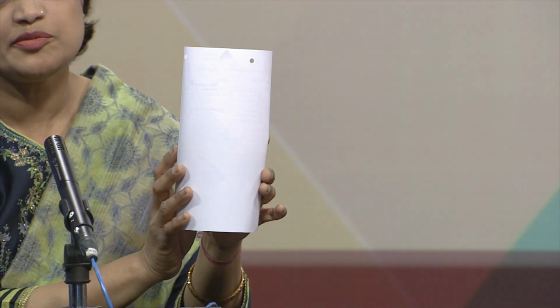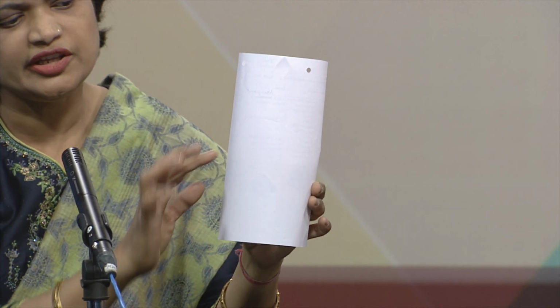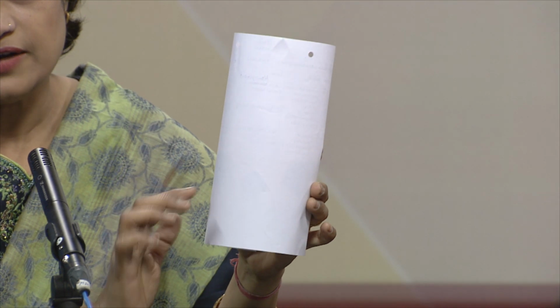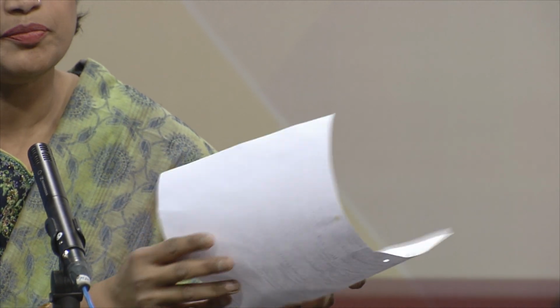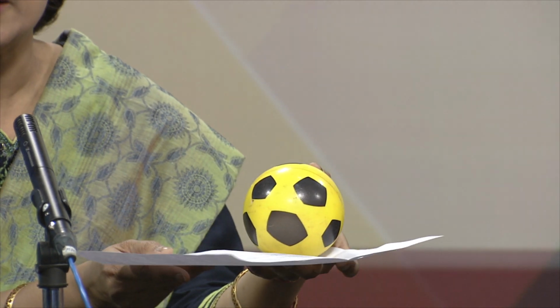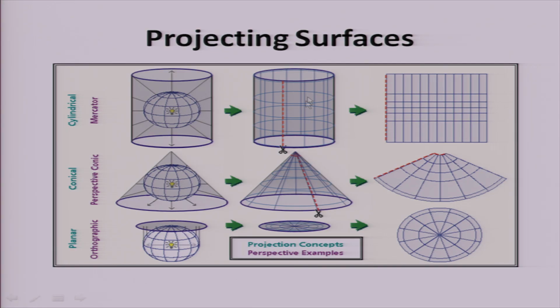So when the graticules or the network of latitudes and longitudes are transferred on this paper, we roll it open and then we get the graticules as we show in this figure, like cylindrical projection, and when we open the cylindrical surface we get the graticules in the form of this.